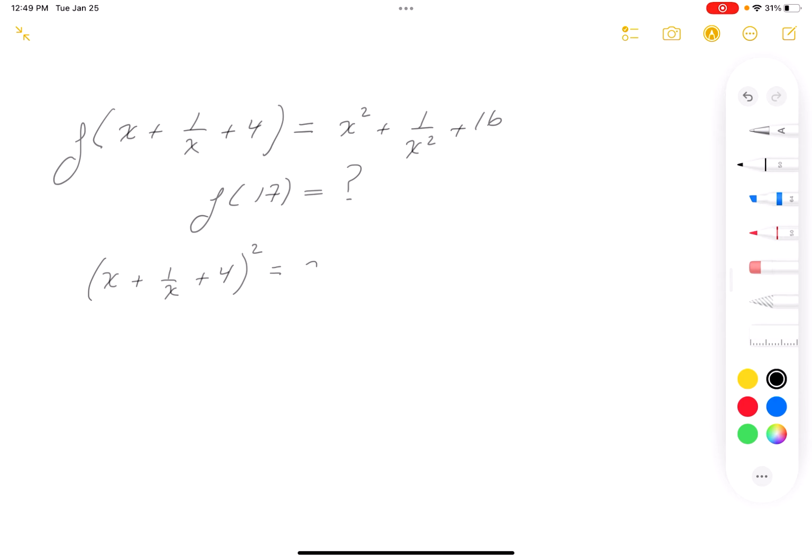You'd get x squared plus 1 over x squared plus 16 plus twice, that's the tough part, twice what?